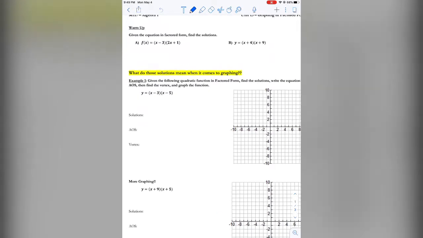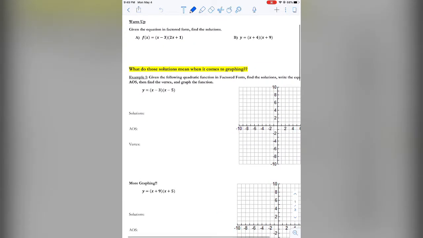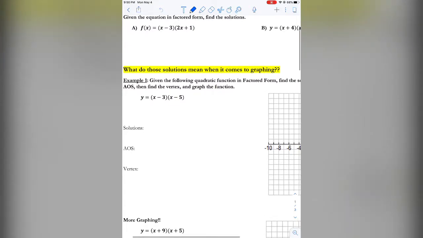A and B here are in factored form, where an equation is already factored. Now, what I want to do is find the solutions. And if you remember, when we find the solutions, we just set them equal to 0. So I have x minus 3 and 2x plus 1 equals 0, which means that each individual factor is set to 0.